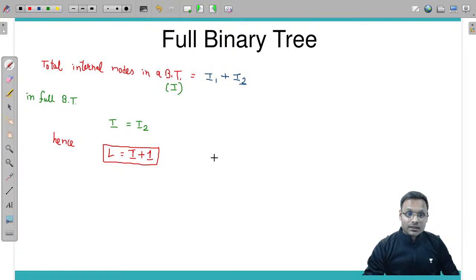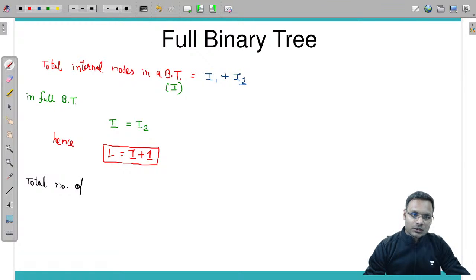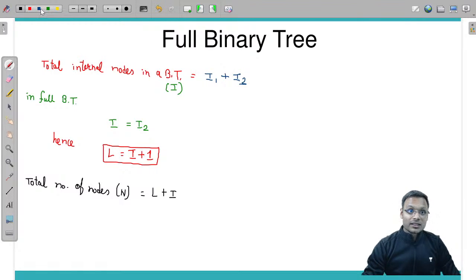Getting it? In that particular case, total number of nodes, capital N, should be equal to total number of leaf nodes plus total number of internal nodes. Right or wrong? Can you get the value of L in terms of I plus 1 here?